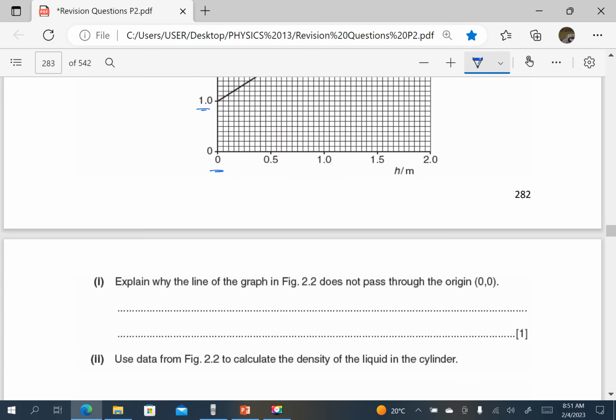So when h is 0, when the depth is 0, the pressure is not 0. The pressure is not 0 due to the pressure from the atmosphere.